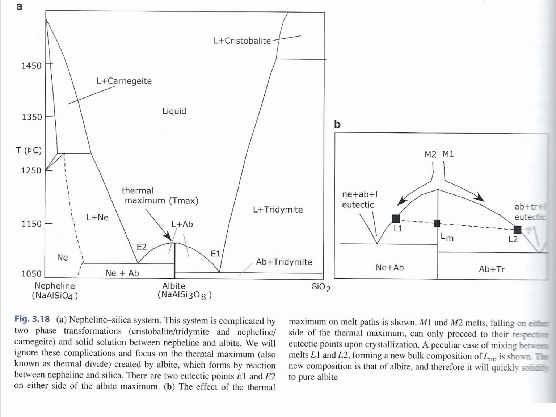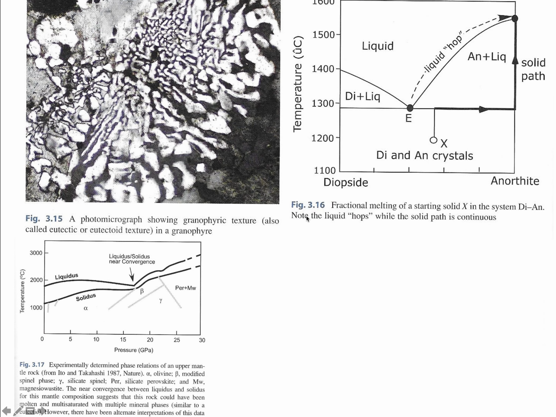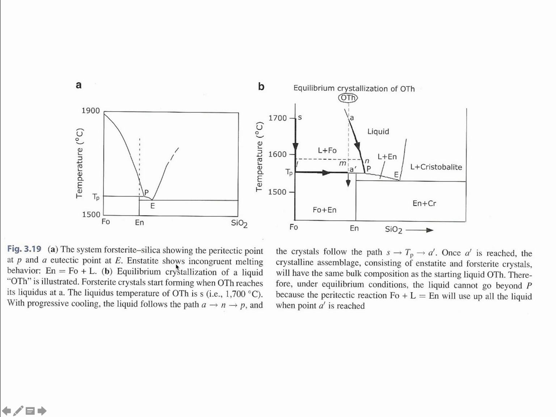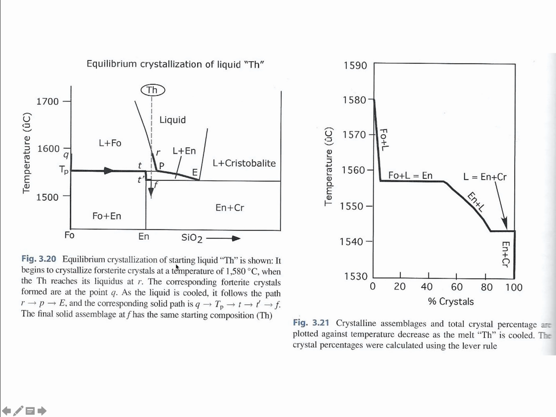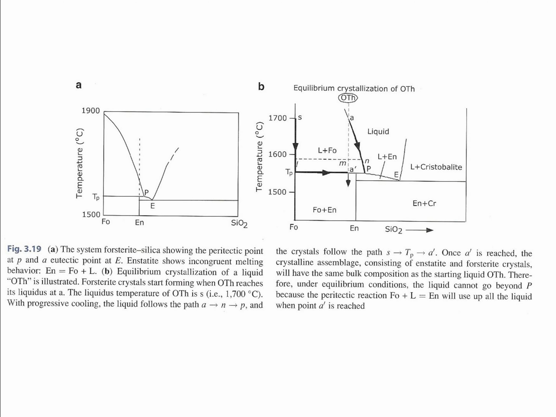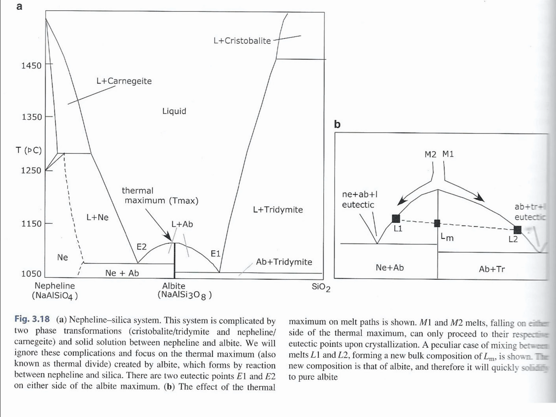On the right hand of the thermal boundary we are sitting in a silica saturated system, and on the left hand of the thermal boundary we are sitting in the silica undersaturated system.